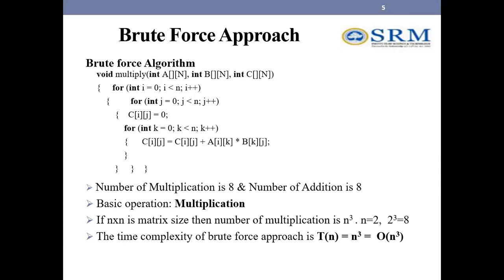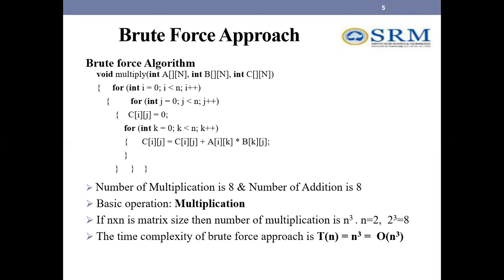So i points to a row in matrix A, j points to a column in B matrix, and k represents the index for taking the element from the first matrix row and second matrix column. So k is the element index variable for taking the elements one by one from the row and column. So here C of ij equals C of ij plus A of ik into B of kj.